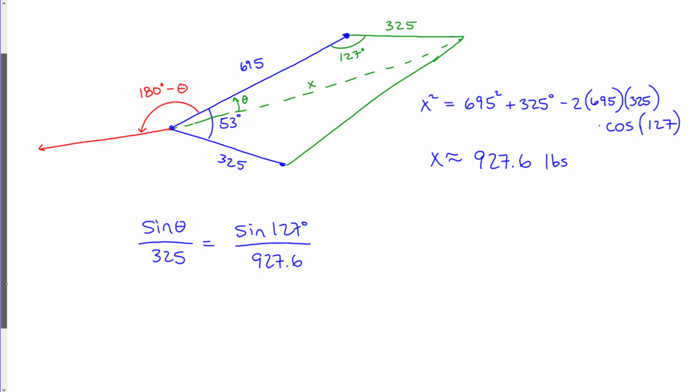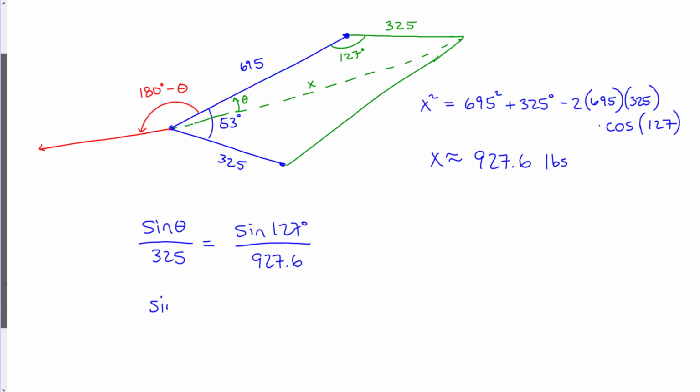Now, you generally want to avoid using values that you've just calculated, but in this case, there's really no getting around it, because otherwise you'd need to know the other angle. In order to calculate the other angle in this triangle, you would need the 927.6 also. So there's no getting around it, and that's okay.